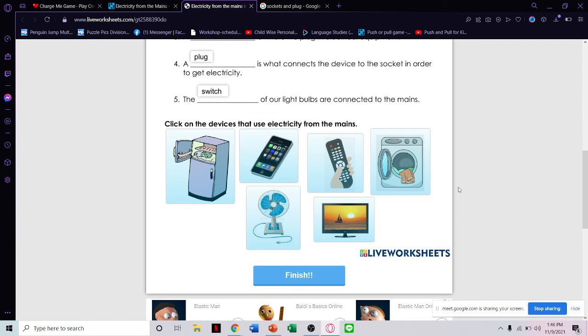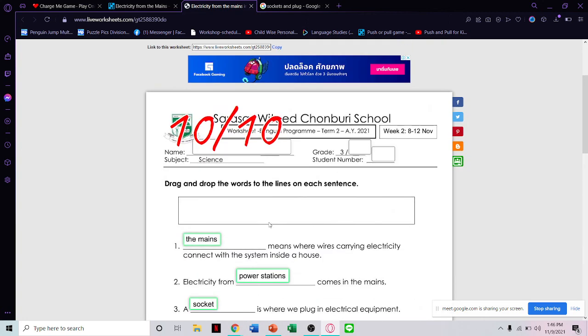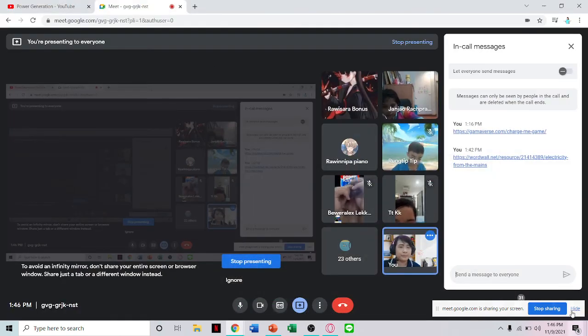So which devices use electricity from the mains? Refrigerator, fan, TV, washing machine. And click finish. Take a picture. Okay. Very easy.